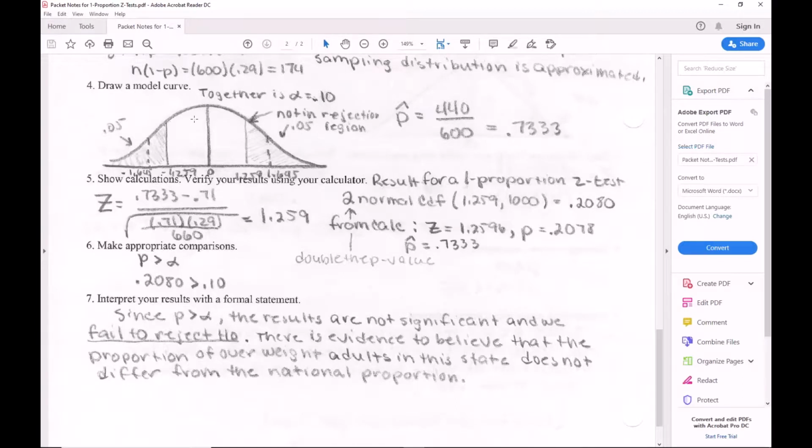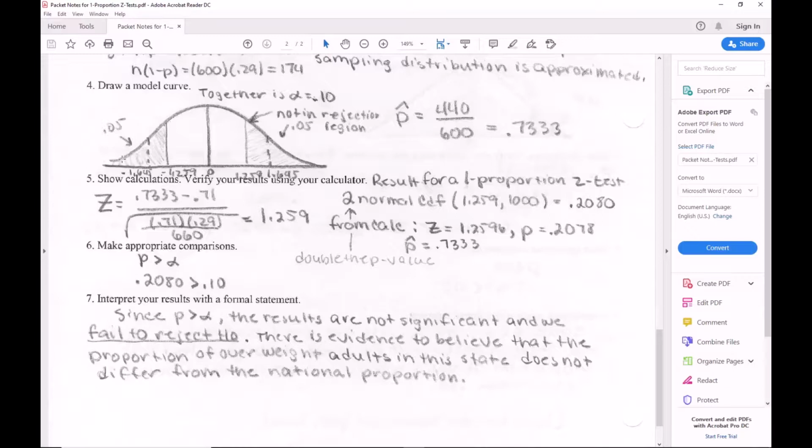So I drew this. Remember, your alpha is 0.10. You have to split that in a two-sided test, because it could be that you're different from HO going up, or it could be you're different from HO going down. So here's 0.05 from the dotted line to the right, and here's another 0.05 from the dotted line to the left.